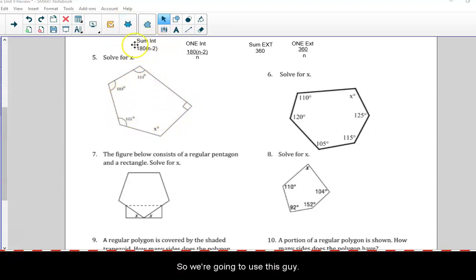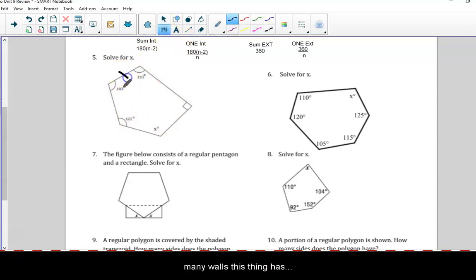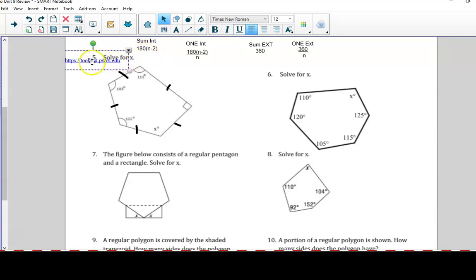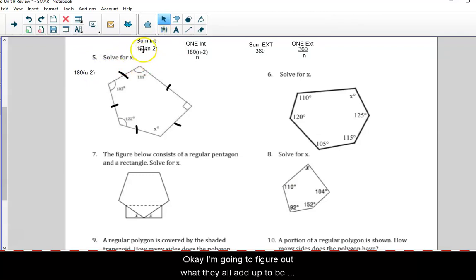So we're going to use this 180 times n minus 2, and figure out what all the inside angles add up to be. So let's figure out first of all how many walls this thing has. We got 1, 2, 3, 4, so it's 5. It's a pentagon looking thing. Okay, so we're using this formula, and we're going to figure out what they all add up to be.